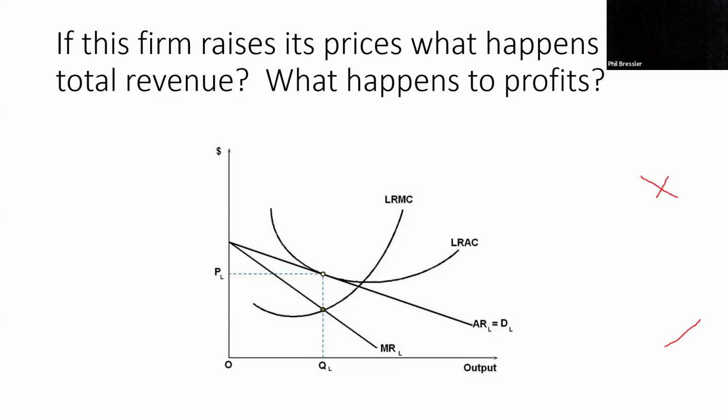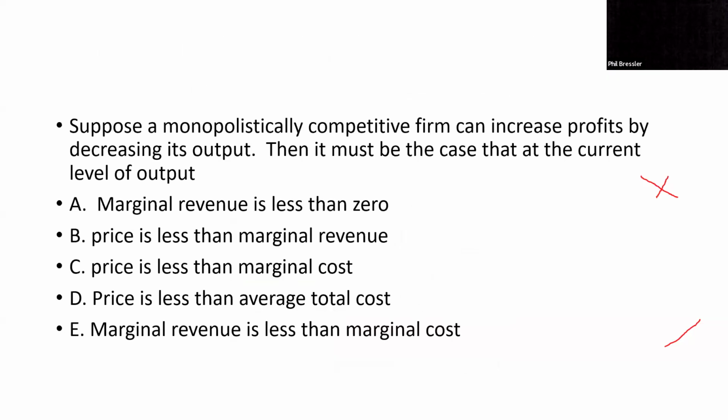Again, if marginal cost is greater than marginal revenue, if a firm's trying to increase its profits, should it produce more output, less output, or keep it the same? What do you guys think? Okay, great. You're always decreasing output if marginal cost is greater than marginal revenue. And obviously, if marginal revenue is greater than marginal cost, you'd increase.